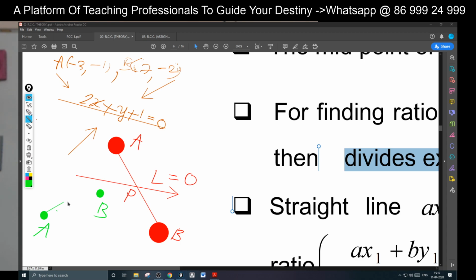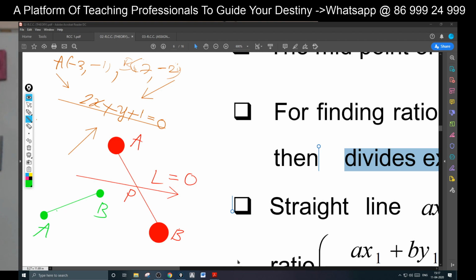Now you tell me whether this AB is dividing L equal to 0. Reply please.